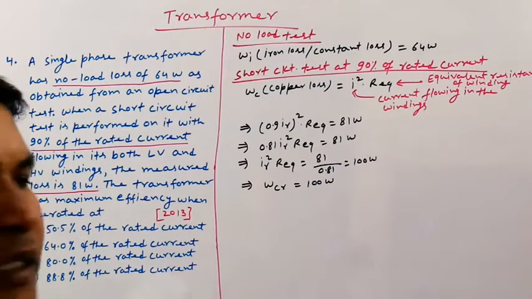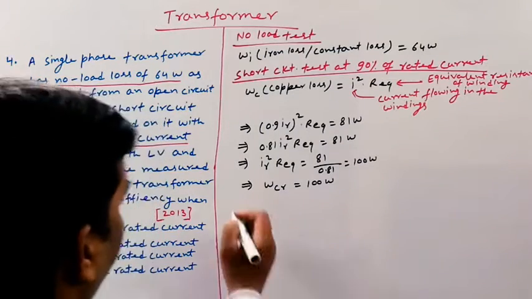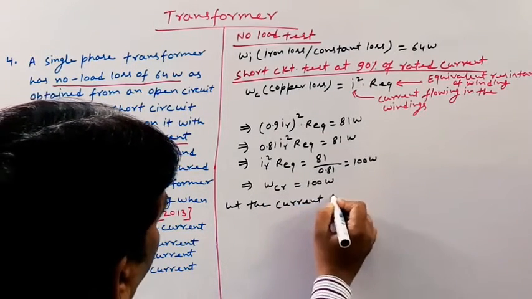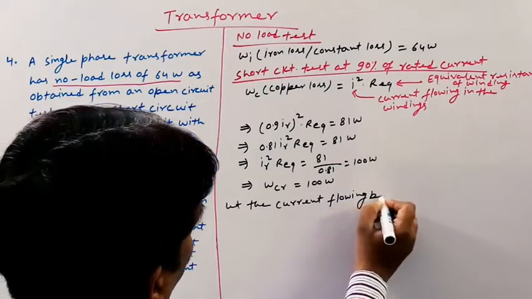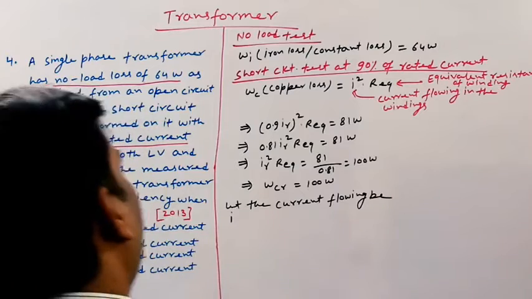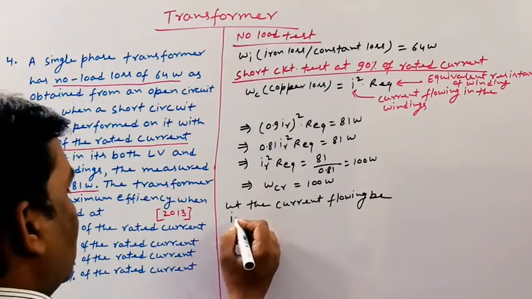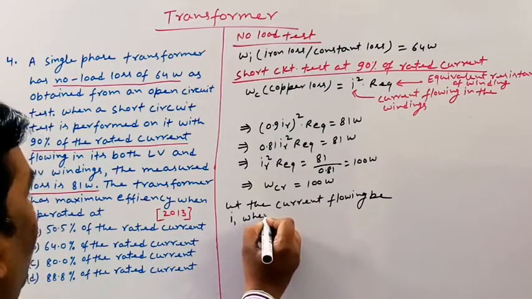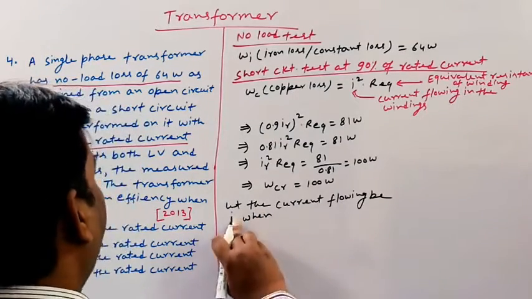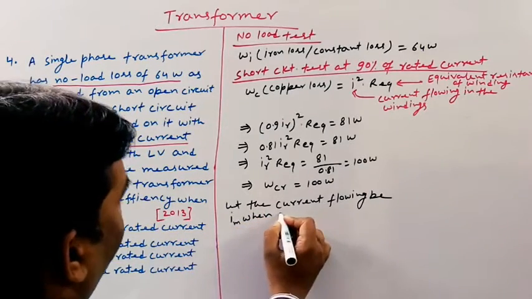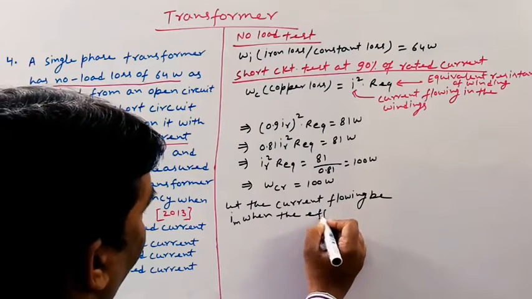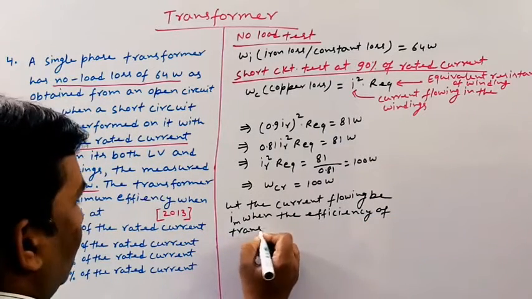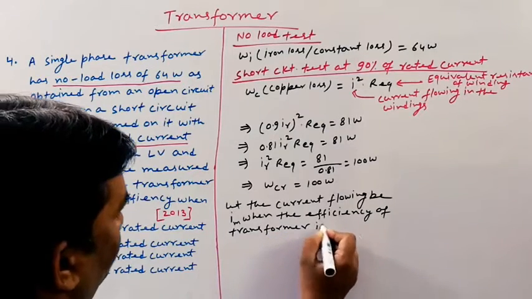Let the current flowing be I_M when the efficiency of the transformer is maximum.